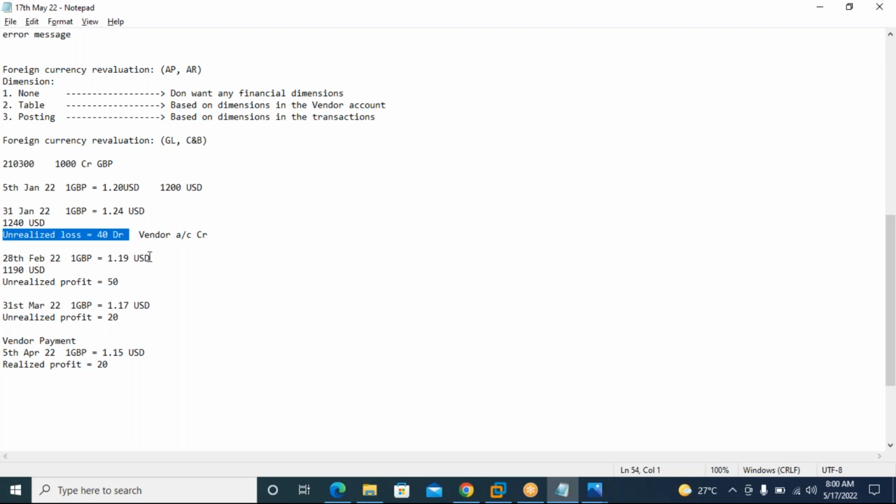Now it is 1.24 versus 1.19. So 40 was already posted, and now the difference is 1240 versus 1190, so 50 will be posted. Then 119 versus 117, the difference of 20 was posted. That's it. I will explain clearly tomorrow.